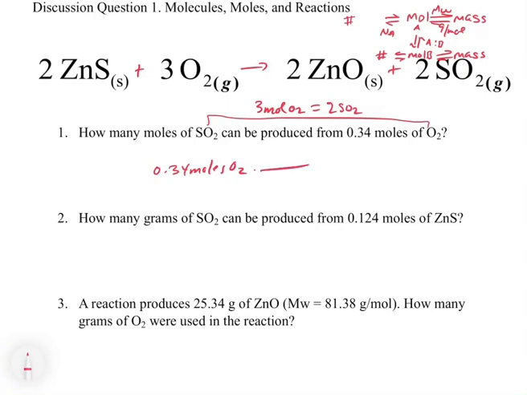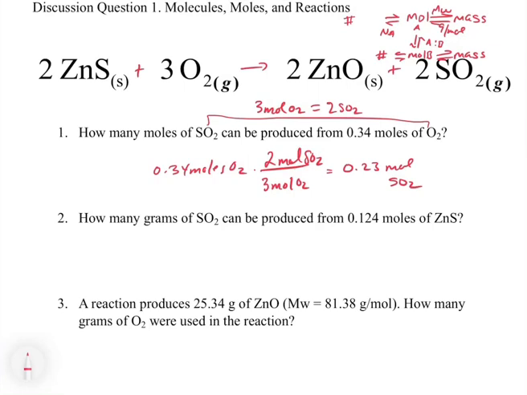So when you multiply 0.34 times 2 and then divide by 3, you get 0.23 moles of SO2. That's a demonstration of how to do the mole-to-mole ratio, where we go from moles of A to moles of B.